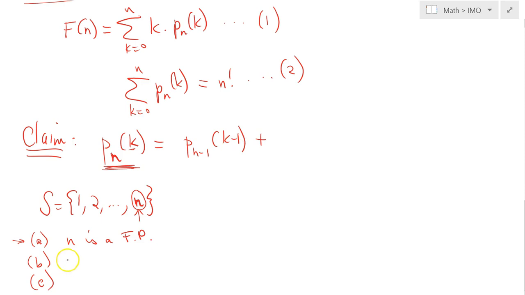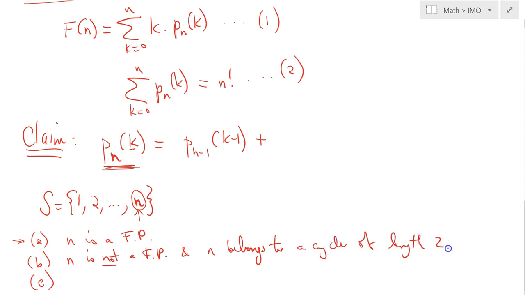Plus, in the second situation, n is not a fixed point. However, n belongs to a cycle of length 2.